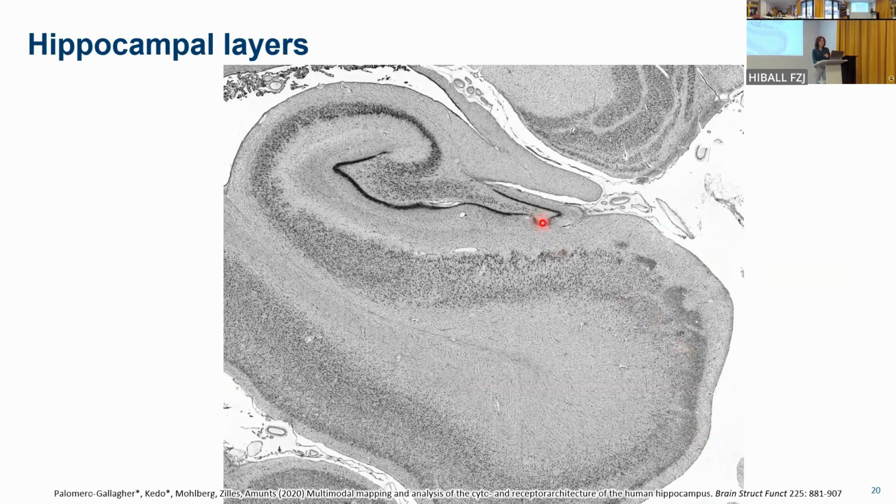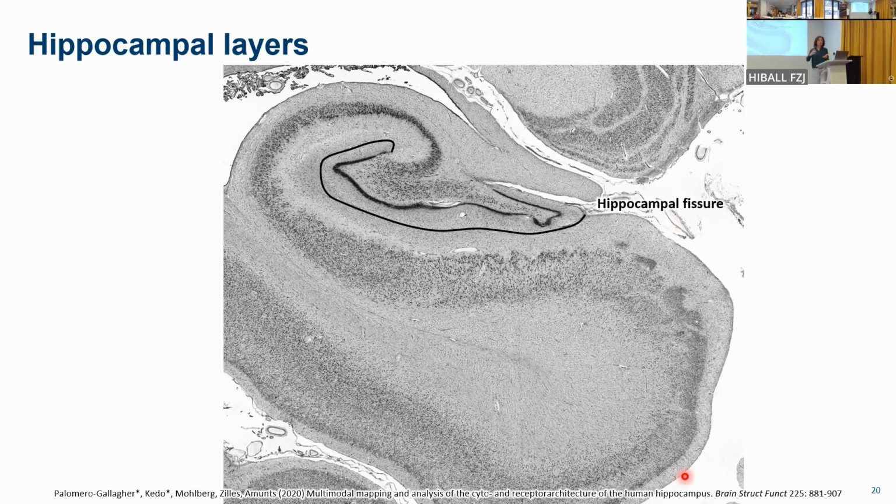Well, we would have here this dark band that I'm going to highlight in red. We've got the hippocampal fissure first. Now, in the very first talk that I gave at the very first HIBALL meeting, I told you that the brain surface isn't smooth, that it's convoluted, and that the convolutions are called gyri, and the boundaries between gyri are called sulci, unless they're very, very deep, and then we would call them fissures.